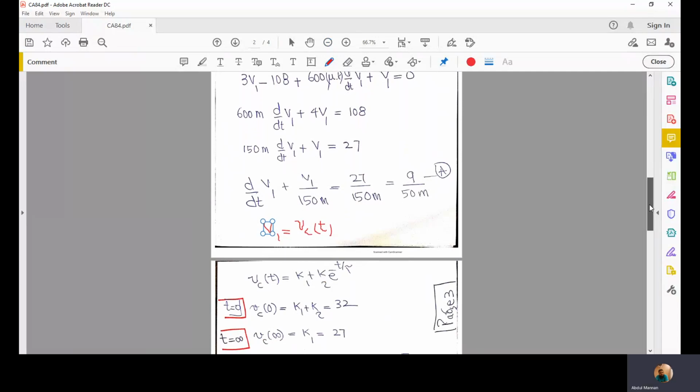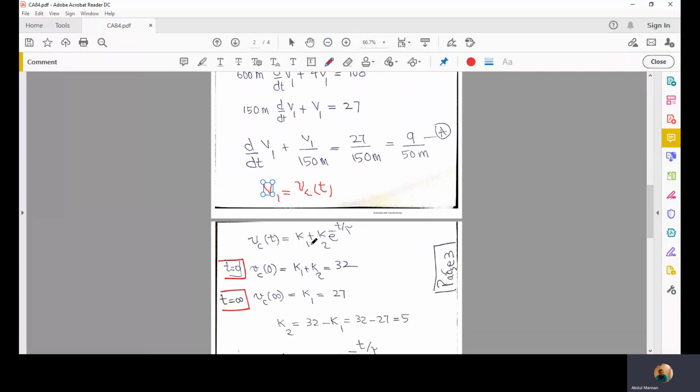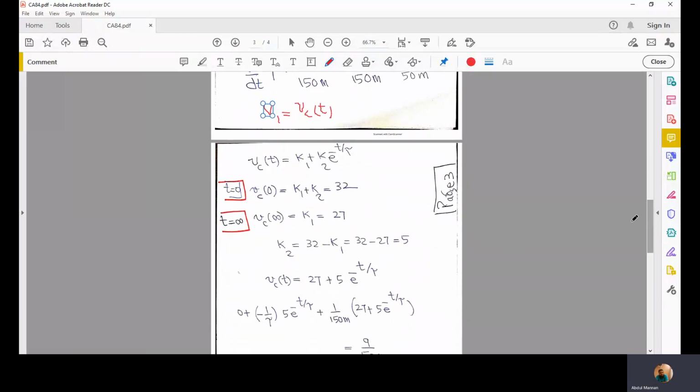For such equations, the general solution is k1 plus k2 e to the minus t over tau. Putting the initial value t equal to 0 gives us k1 plus k2 equal to 32. Putting the final value t equal to infinity gives us k1 equal to 27, and then k2 can be computed as 5. Then V sub C of t can be written as 27 plus 5 e to the minus t over tau.